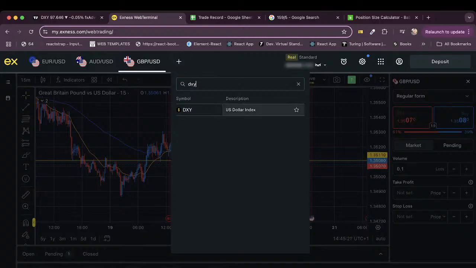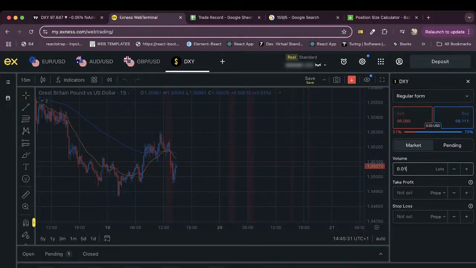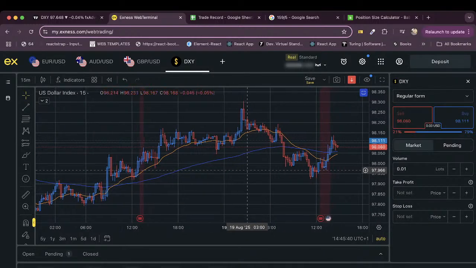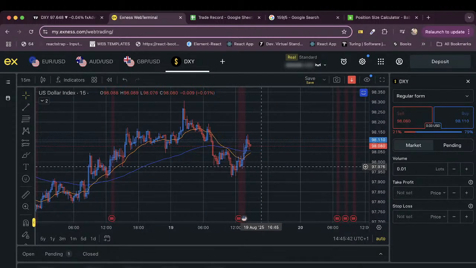Yeah, there's DXY here actually. I can even trade DXY here. But the thing now is their slippage will be okay, it's not that much. It's reasonably okay, but it's still spready. The spread is still wide. Well, I think this is looking good.